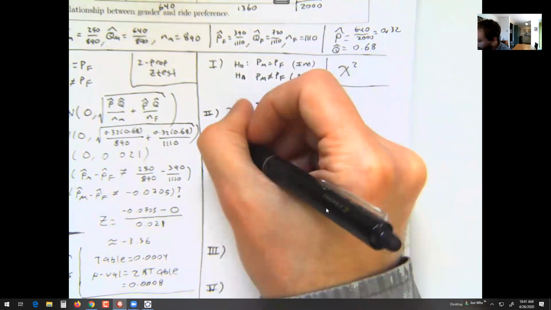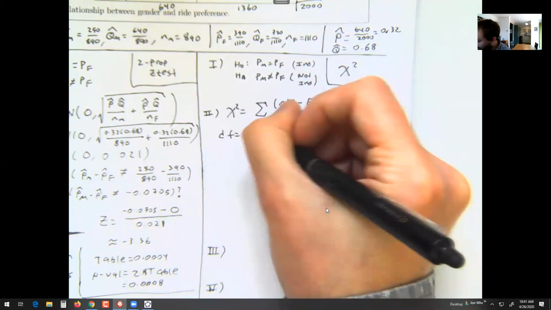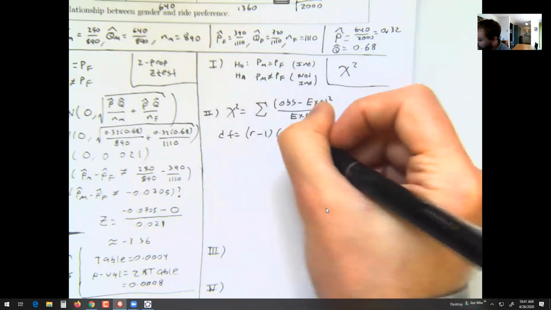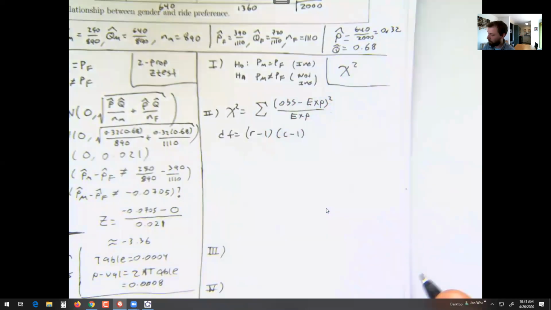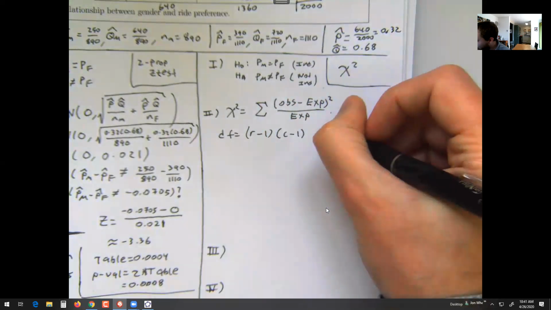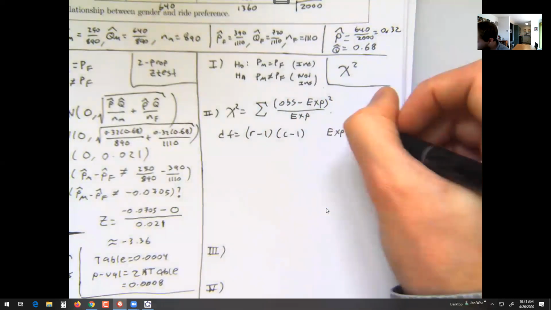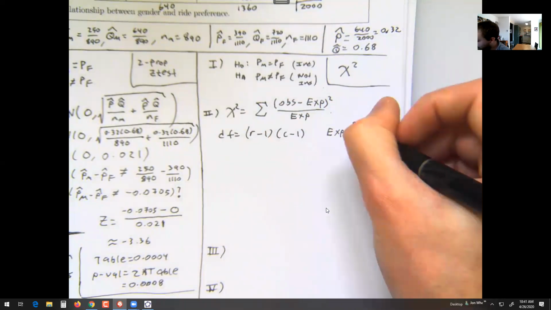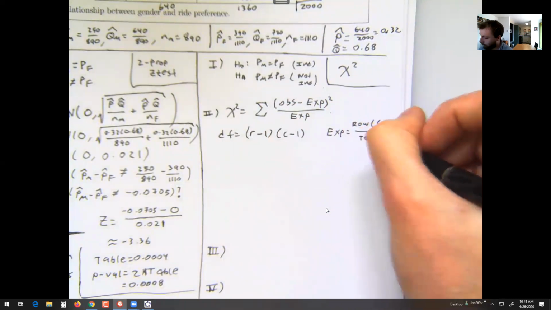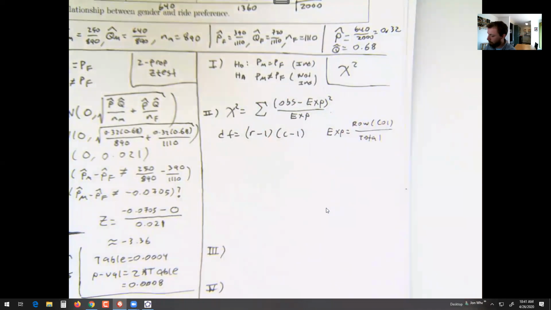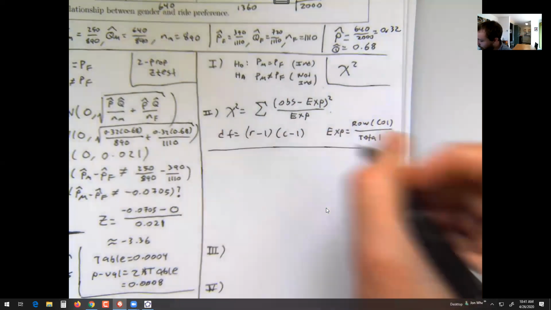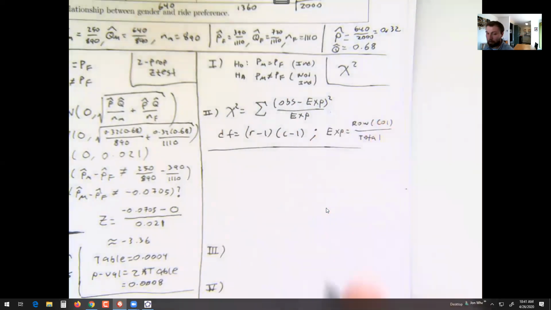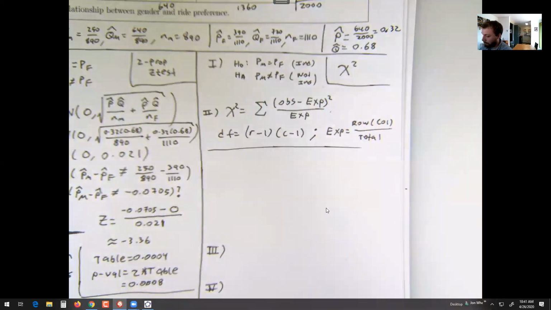It has a degree of freedom of the number of rows minus 1 times the number of columns minus 1. We'll see why that's the case. And it has expected values of the total of the row times the total of the column divided by the overall total. So let's use this information for our data set here.